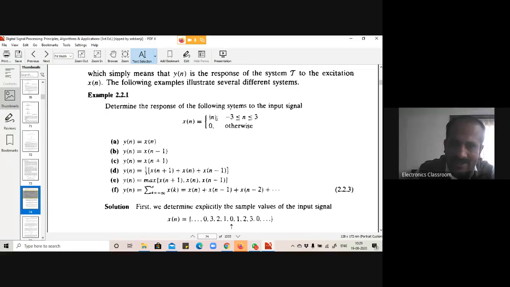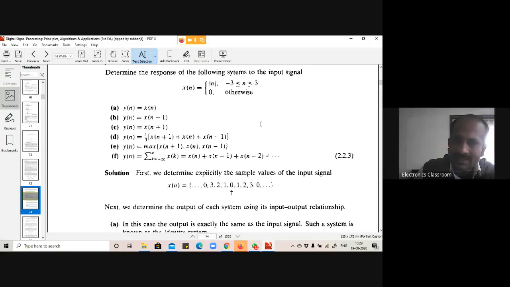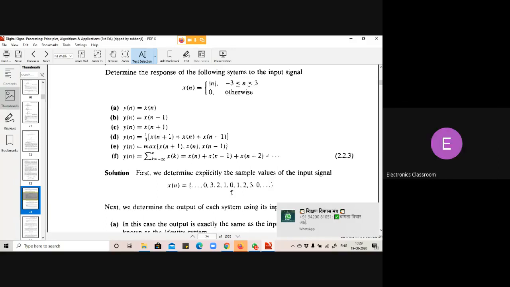Okay, we don't consider here sign. Okay, so x(n) is magnitude of n, which is from -3 to 3. Now how that is represented? x(n) is equal to, from here it starts 0, 1, 2, 3. n lies between 1, 2, 3 and 1, 2, 3, and otherwise it is 0.